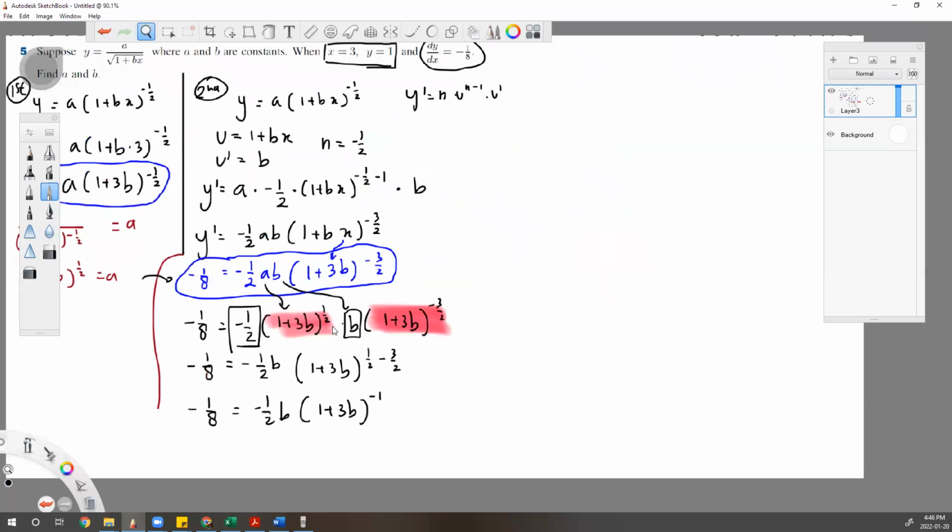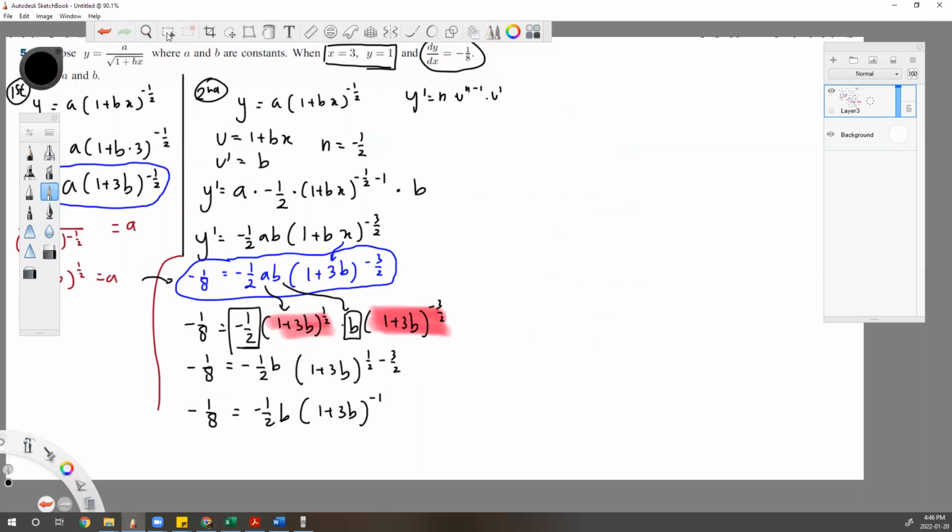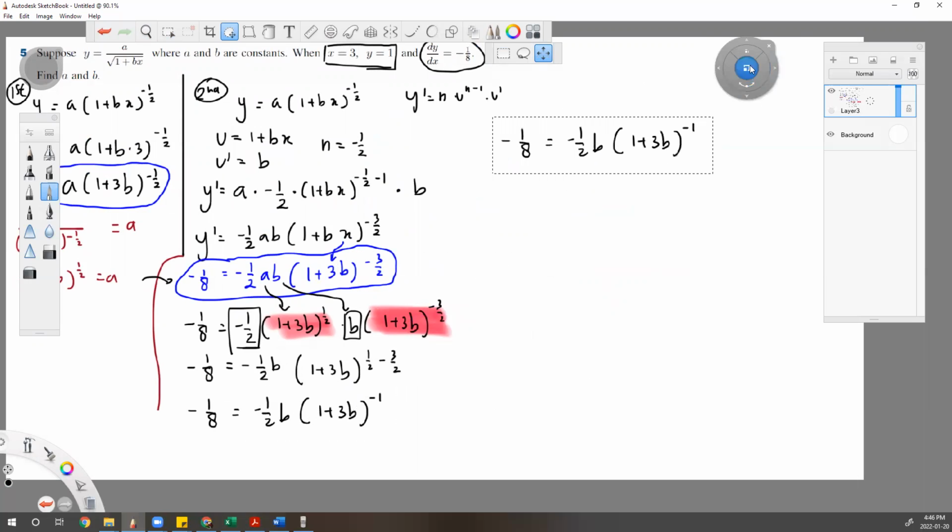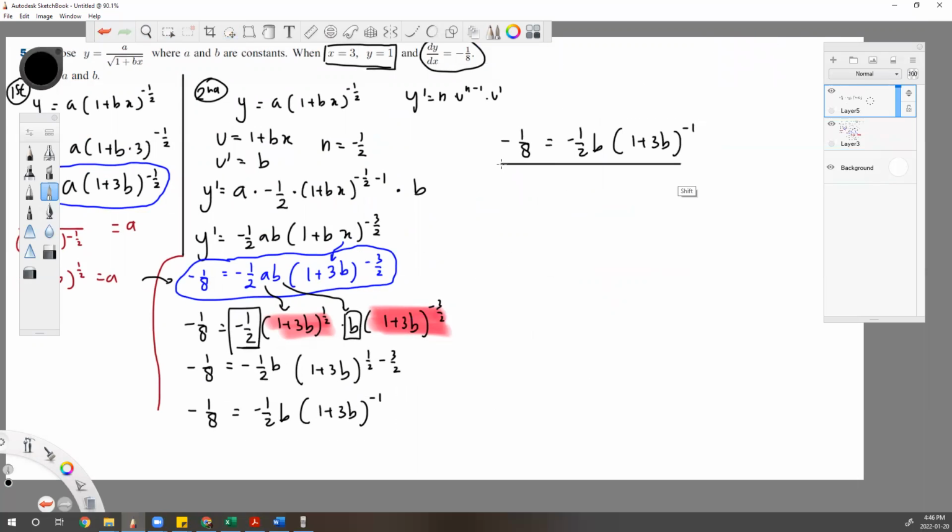Okay, so I have to do the other part. This is so algebra. I multiply by 8 in order to annihilate all the denominators, or negative 8 better.